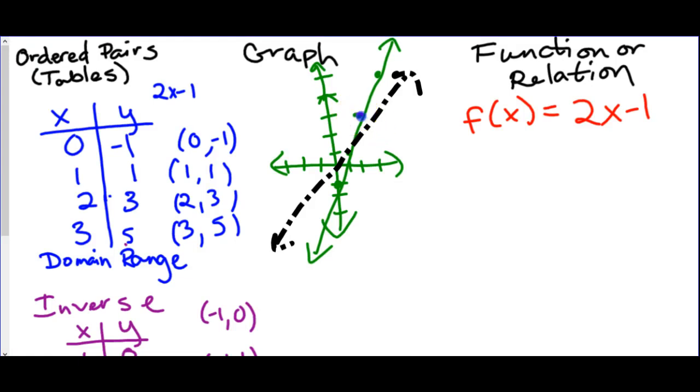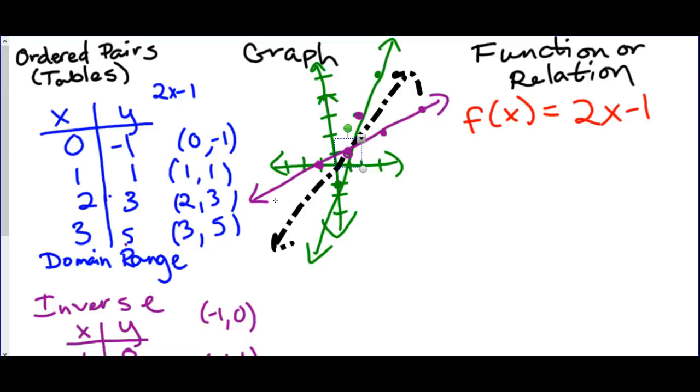So like this point here, if we flip it across the line, it would end up here. At this point here, if we flip it across, it'd end up there. (1, 1) is on the line itself, so it would stay on the line, and then (0, -1), if we flip it across, would be there. So then we could draw our inverse line. So looking at a graph, it's always a reflection across that 45-degree line.